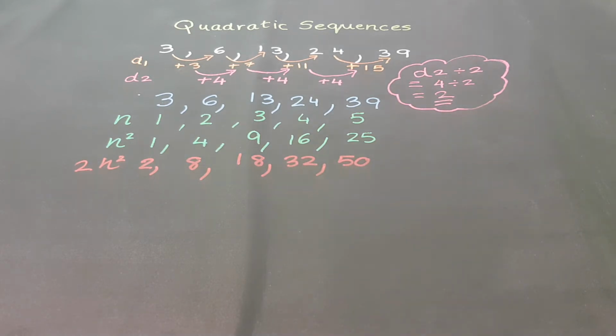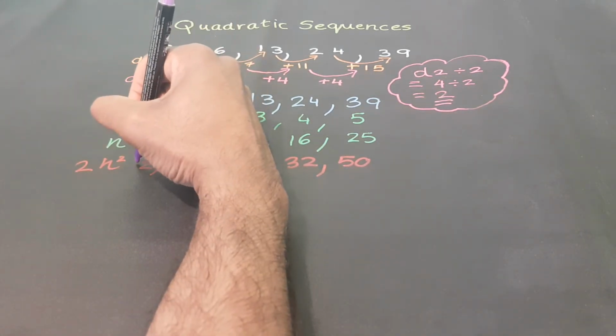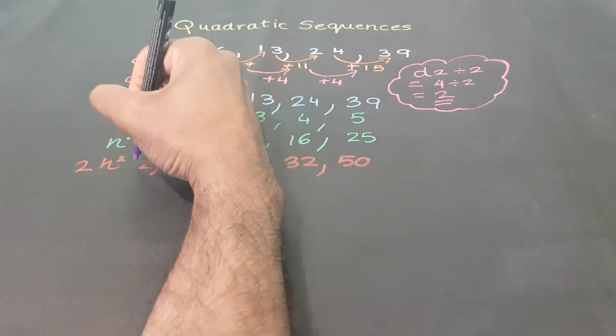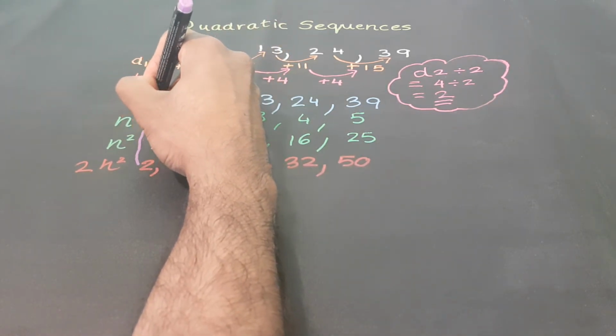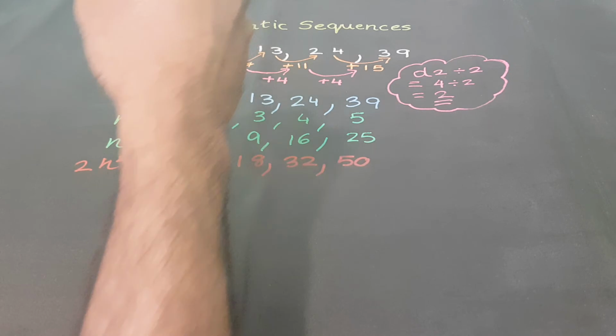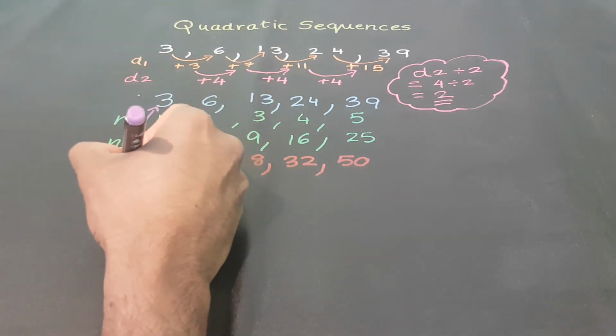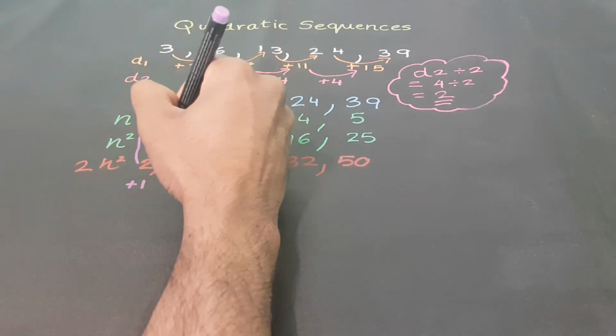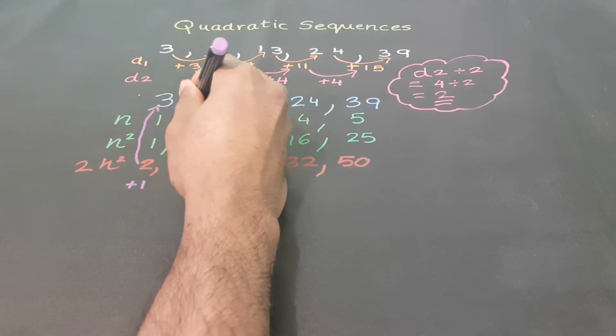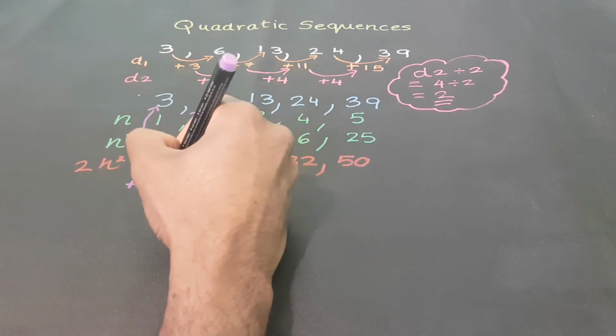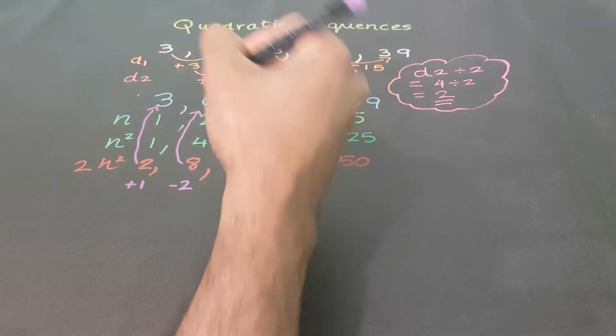Okay, next step is I need to go from this 2 all the way to my original 3. And in order to do that, I need to add 1. From 8 all the way to the 6, I need to subtract 2.